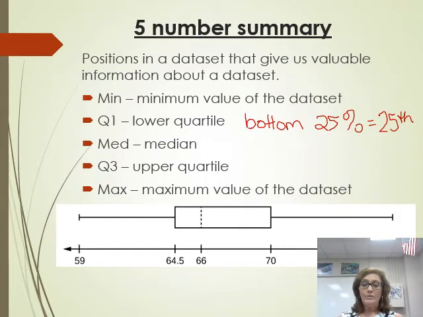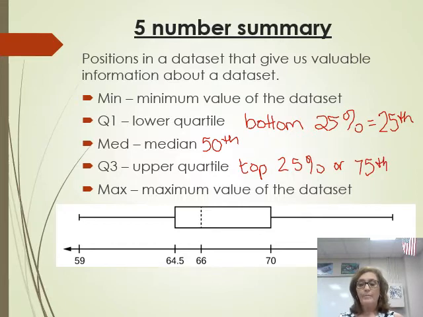So the median, which is the middle, this is going to be the 50th percentile. And then we also have Q3, which is the upper quartile. So this is going to be your top 25%, right? Or this is also called the 75th percentile.